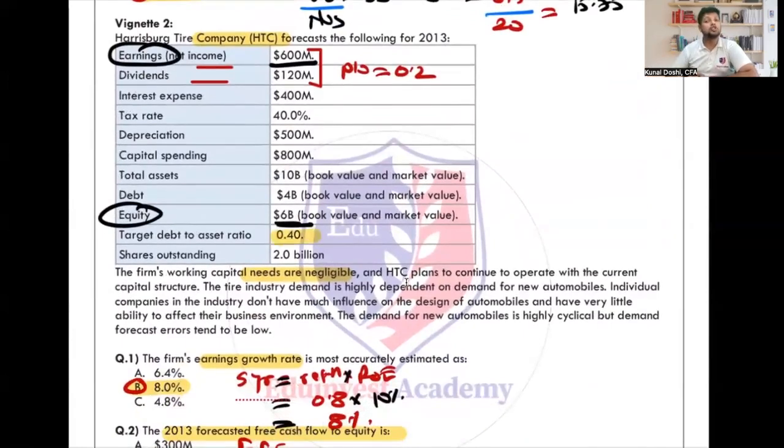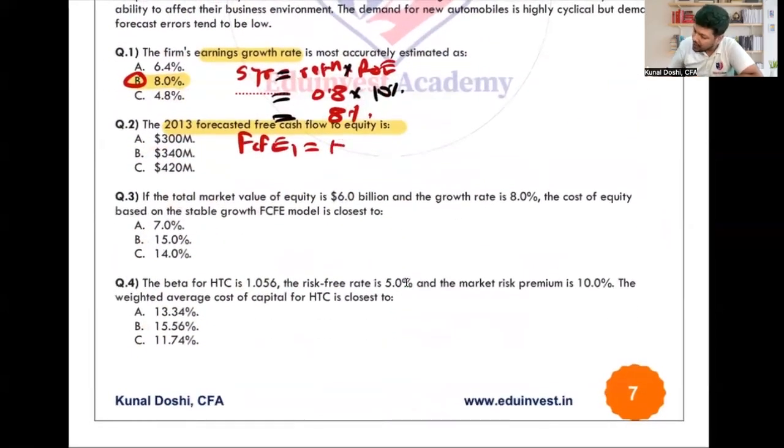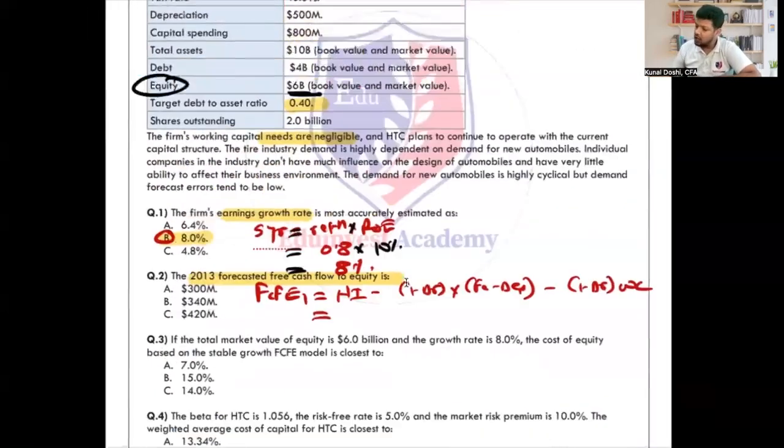So now I will use the target debt ratio formula. What is my target debt ratio formula? I require net income minus (1 minus debt ratio) into (fixed capital minus depreciation) minus (1 minus debt ratio) into working capital. This is what I need, correct?